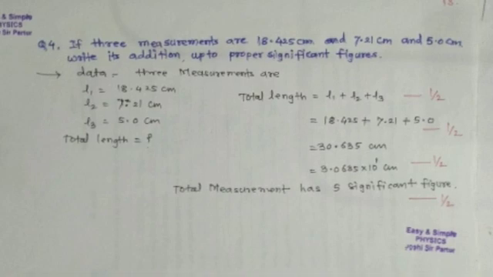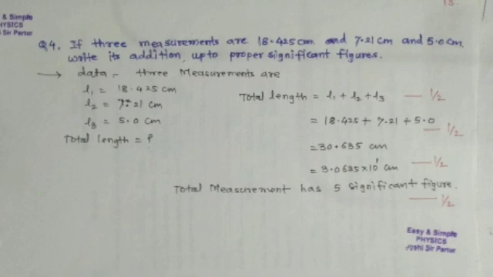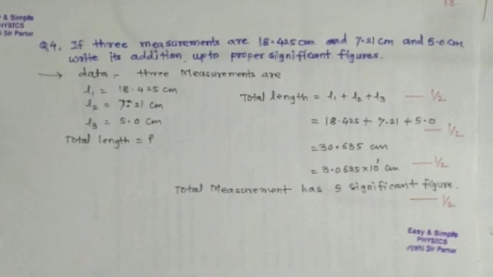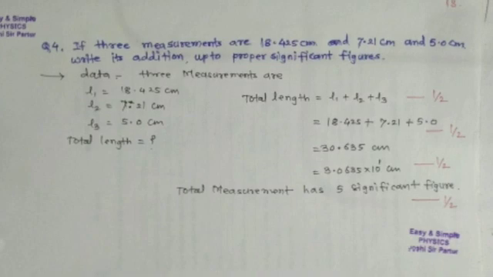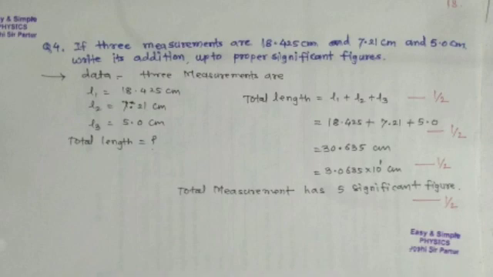is the sum of L1 plus L2 plus L3, which is equal to 18.425 plus 7.21 plus 5.0. Their summation is 30.635 centimeter, which will be 3.0635 × 10^1 centimeter.